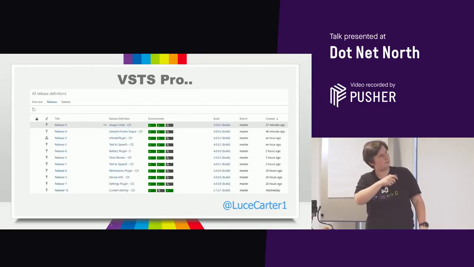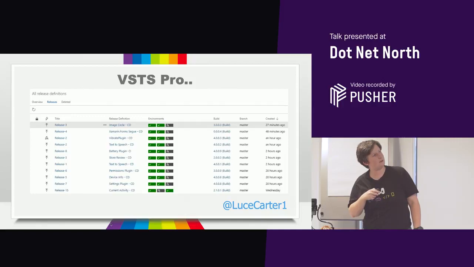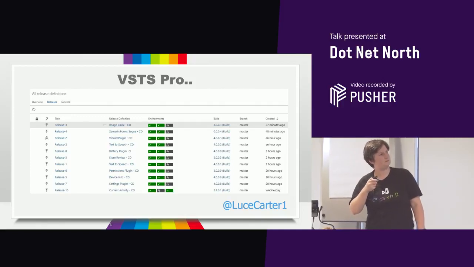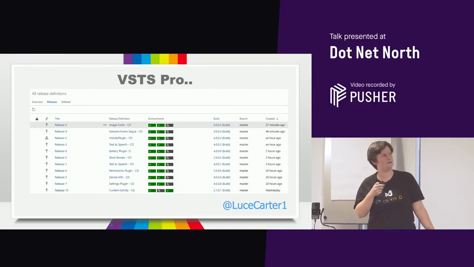But what about other uses of it? This is a real-world example of someone's release definition list, from someone who actually uses VSTS day to day. Does anyone in here recognize any of the definitions on this list? Yeah, a couple of people do.